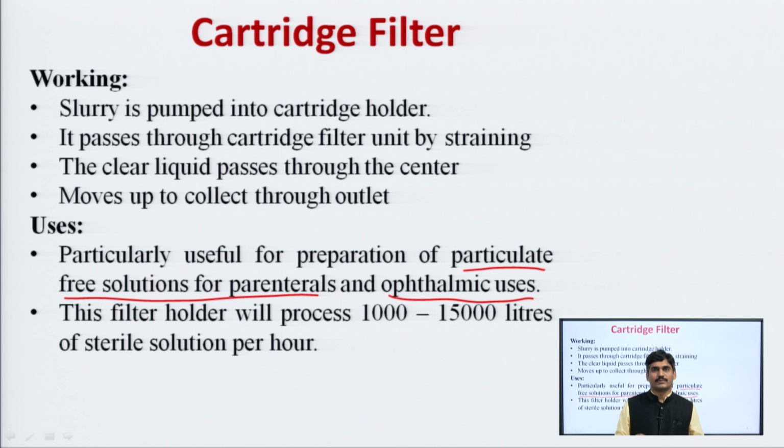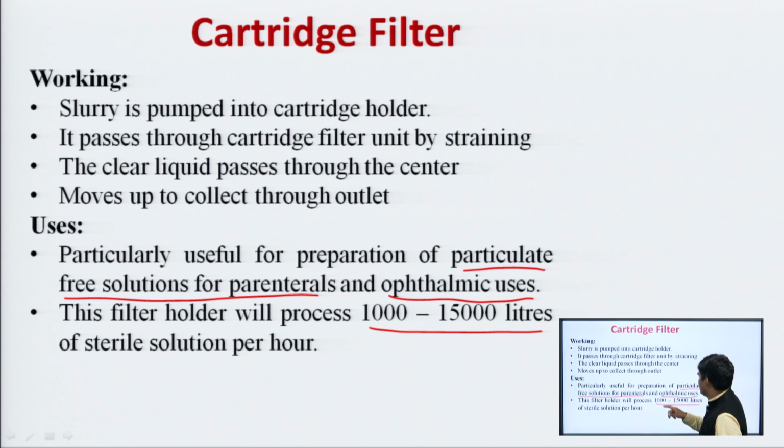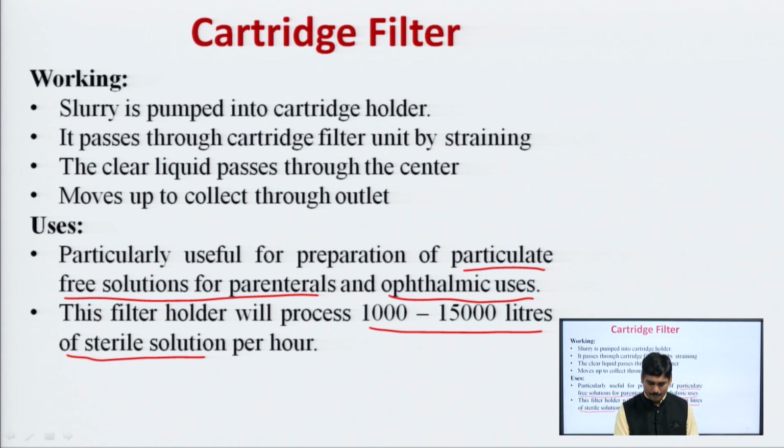This filter also processes 1000 to 15,000 liters of sterile solution per hour. So, see the capacity, it processes 1000 to 15,000 liters of sterile solution per hour.